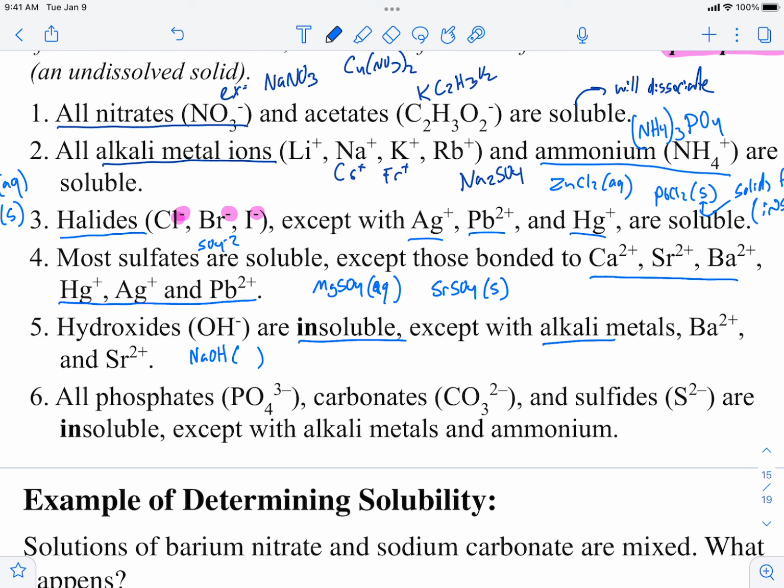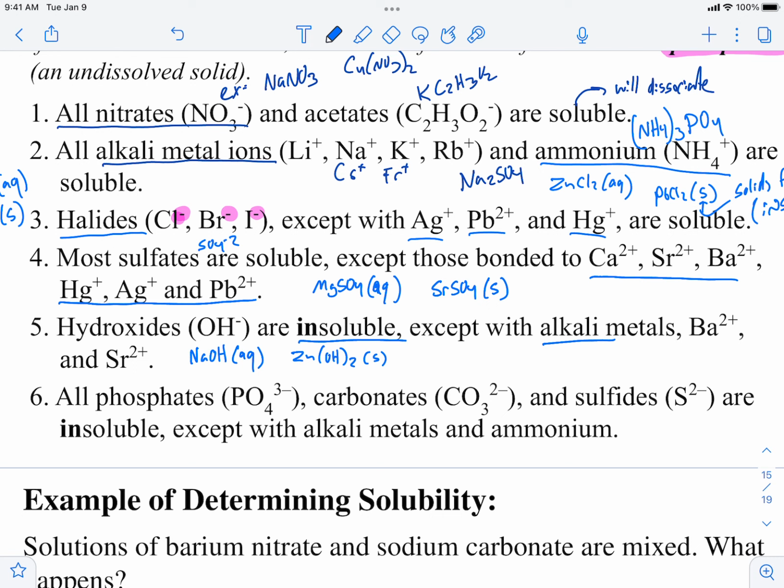Okay, so sodium hydroxide is aqueous, but zinc hydroxide would form solids. You're going to become really familiar with these polyatomic ions after a couple worksheets of working with this. I know you know some of them already, but you're just going to be looking at them a lot.